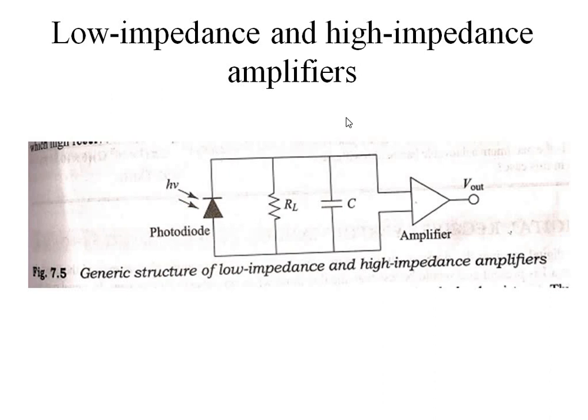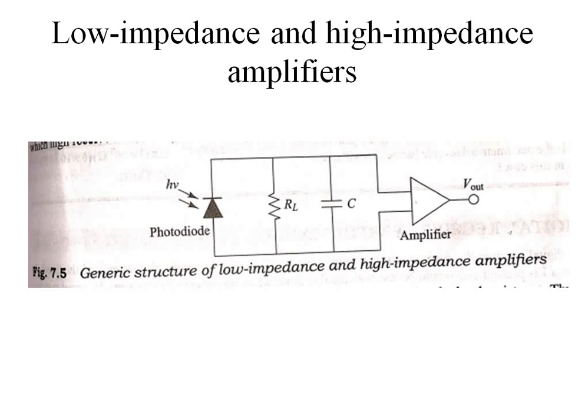RL is a parallel combination of RA and RB. Increasing the value of RB results in the high impedance amplifier design. For a high impedance front end, a high load resistance results in low noise, but it also gives a low receiver bandwidth.